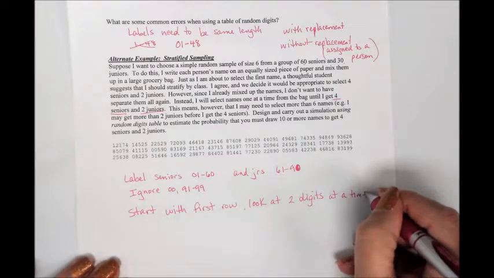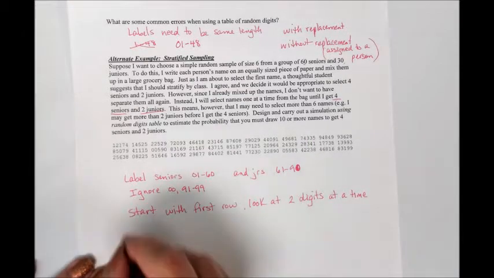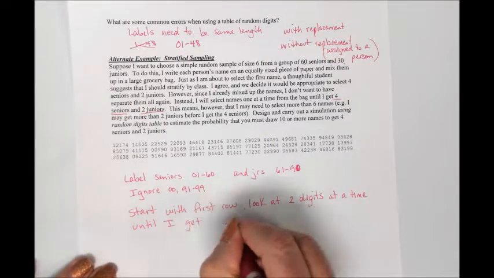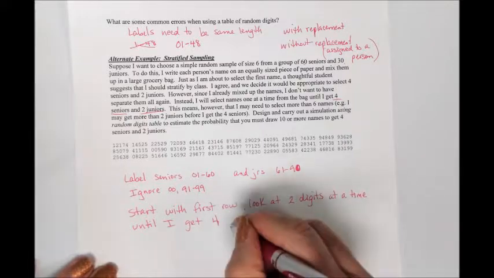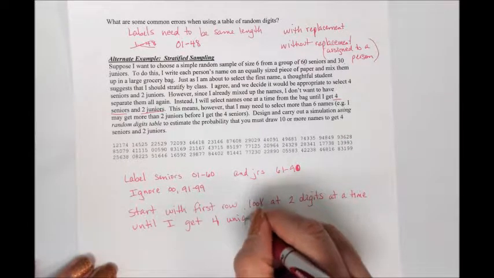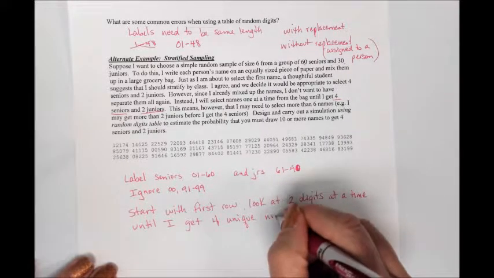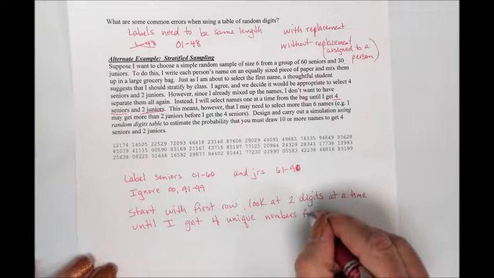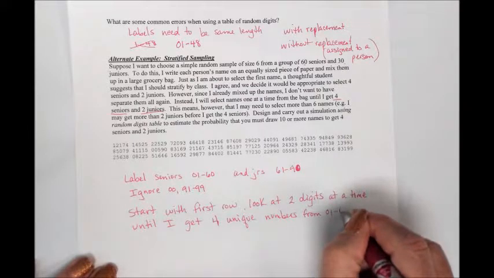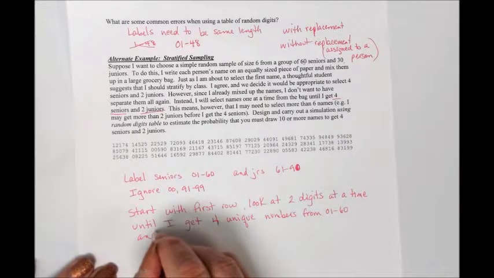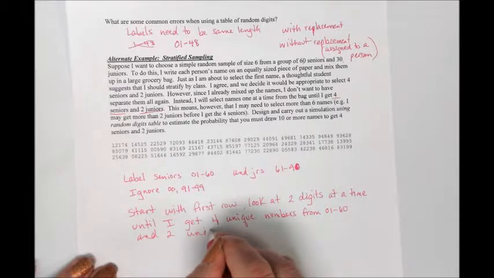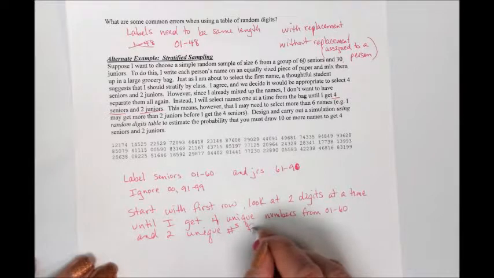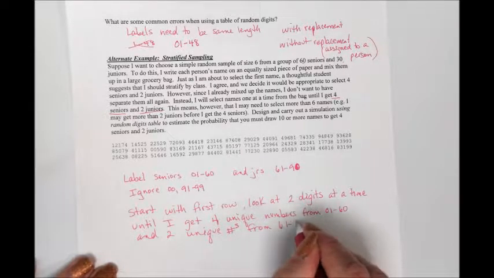So I'm going to look at 2 digits at a time until I get 4 unique numbers. Again, unique means no repeats from the 01 to 60 group, and 2 unique numbers from the 61 to 90 group.